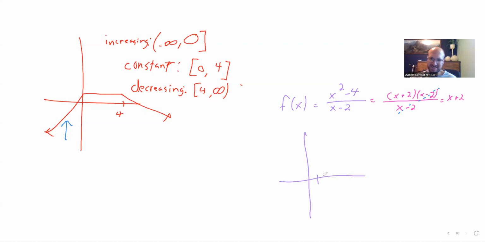If I were to graph this, I would just have a line. The issue here, though, is that at 2, my original function does not exist. And so I end up with a hole in my graph.